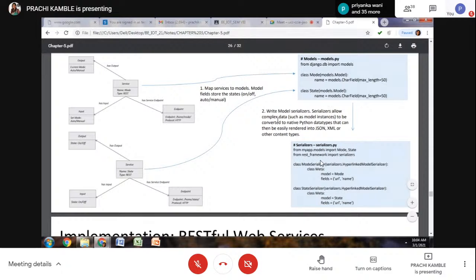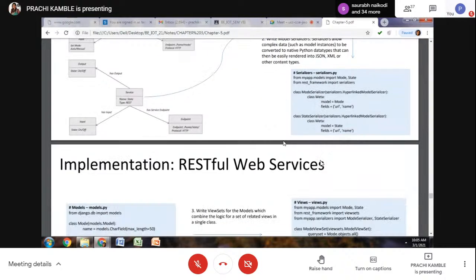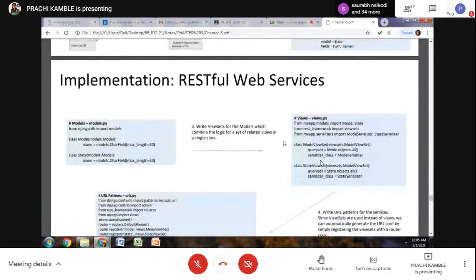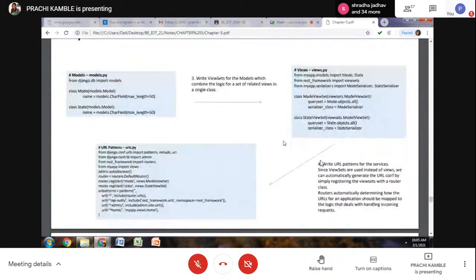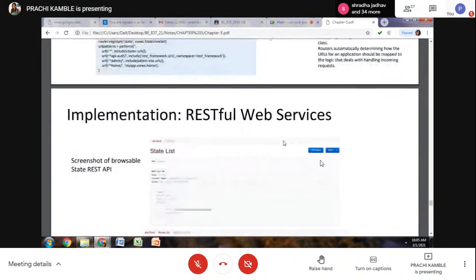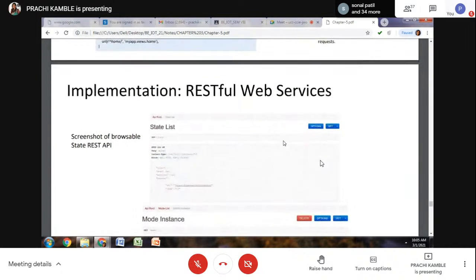Serializers allow complex data such as model instances to be converted to native Python data types, that can then be easily rendered into JSON, XML, or other content types. This is the program related to the web interface of your devices, for your application, RESTful web services.